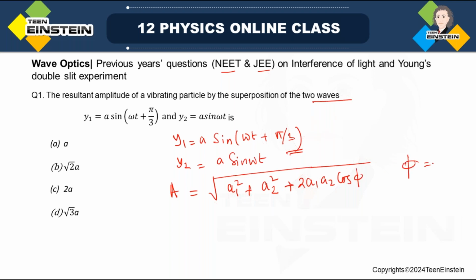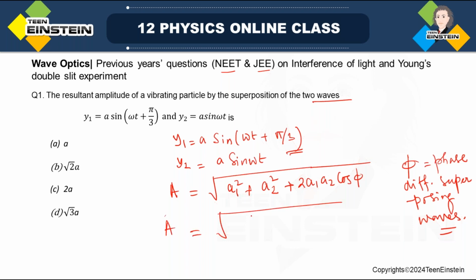Phi is the phase difference between the superposing waves. Now here we know the phase difference, we know the amplitudes. The phase difference is pi by 3 here. Then it is done.